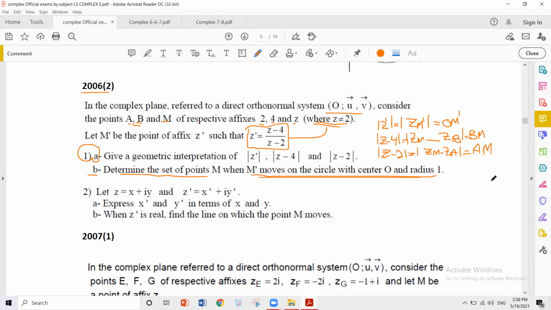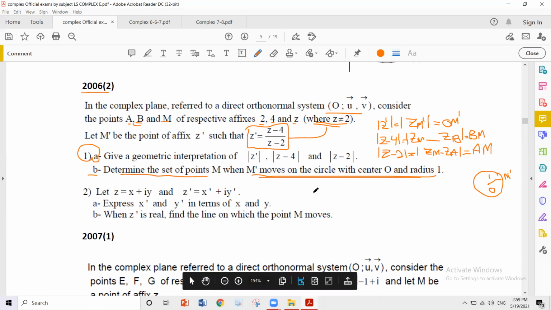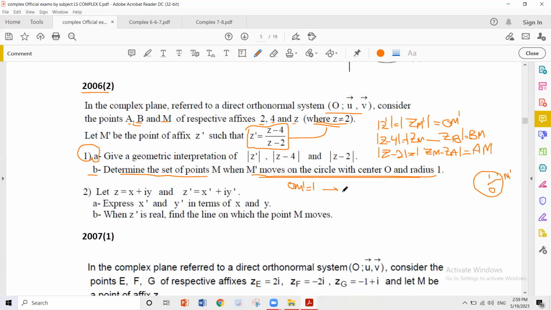M prime belongs to a circle of center O, radius 1, means OM prime equals 1. It means that the modulus of z prime equals 1.